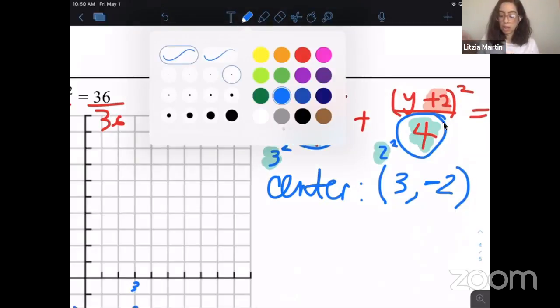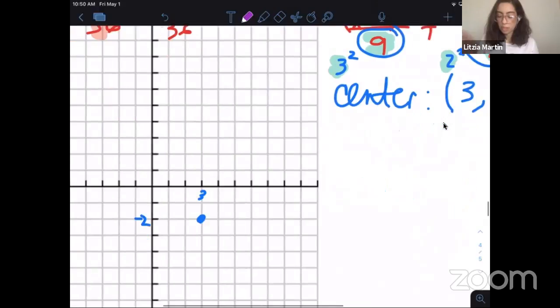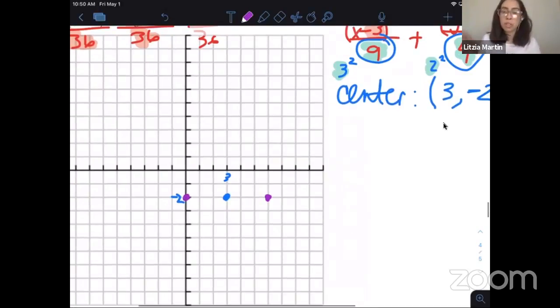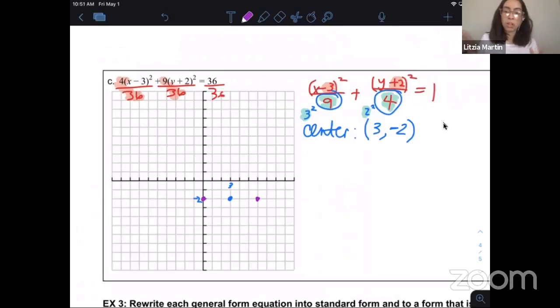So let me draw that out here. This is my center. I'm going to go 3 to the right and then 3 to the left. So those are my vertices because they're on the longer side.